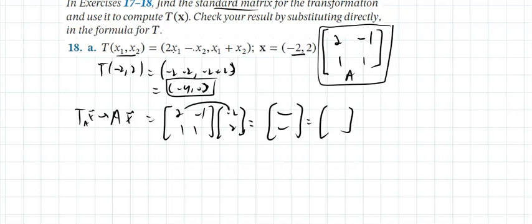And what would that be? -4. Oh, wait. Oh, yeah, I messed up. When you put -2 in there, -2 times 2, that's -4. That's a -6. So here we get -4 minus 2, which is -6. And here we get -2 plus 2, which is 0.